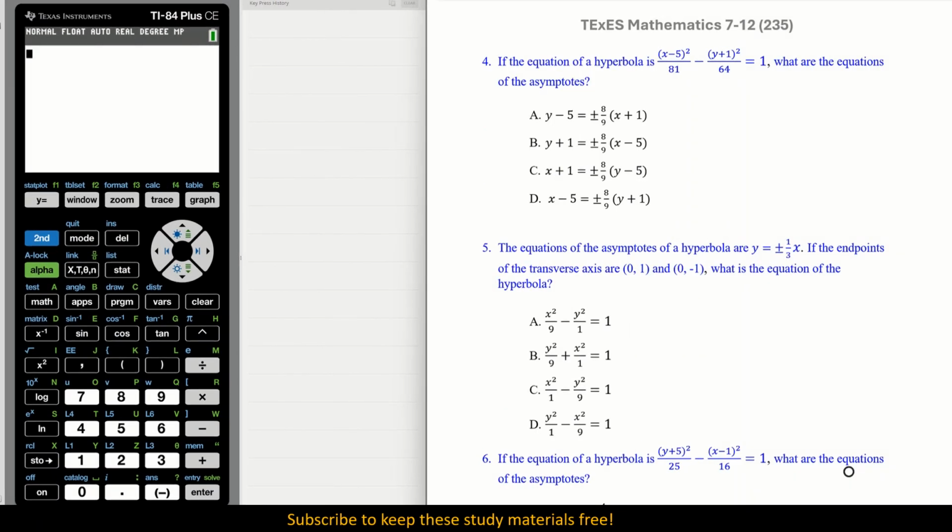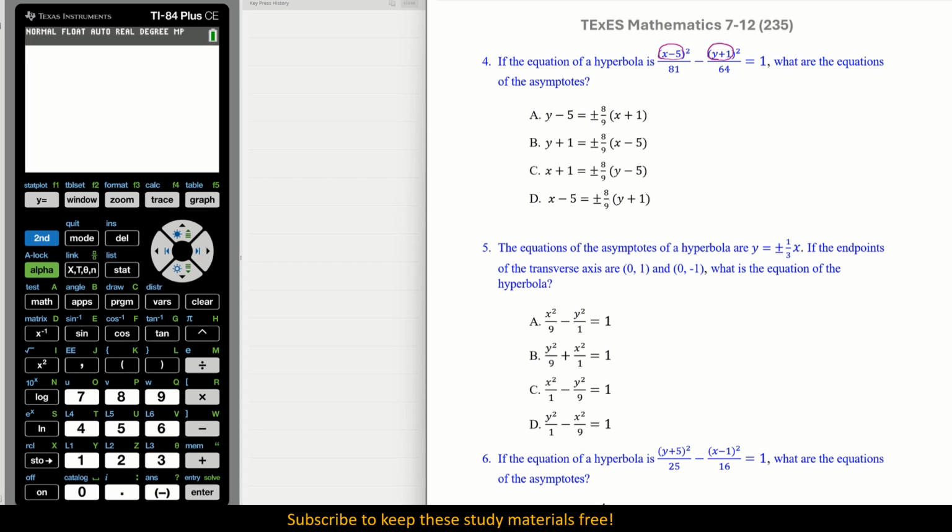Number 4, if the equation of a hyperbola is, as stated, what are the equations of the asymptotes? Okay, we can just look at what they've given us. And first, we know that we should have the precise form y plus 1 and the exact form x minus 5.